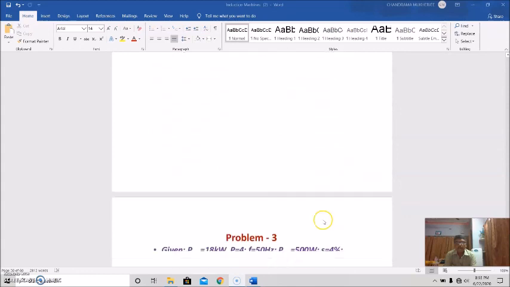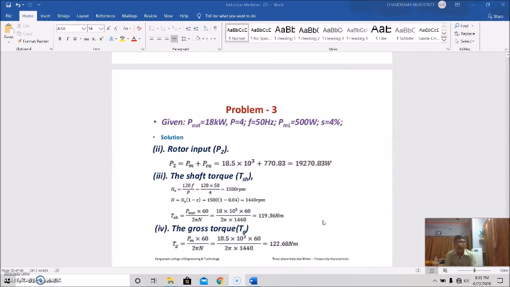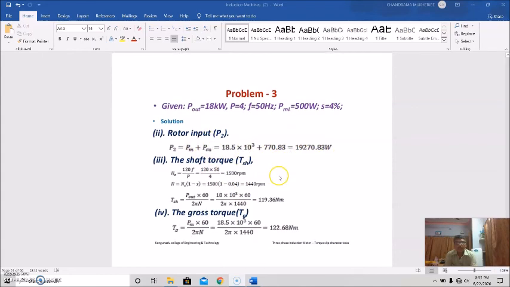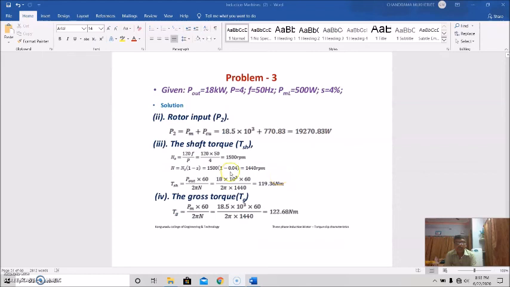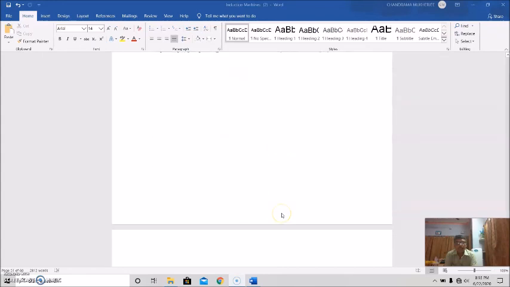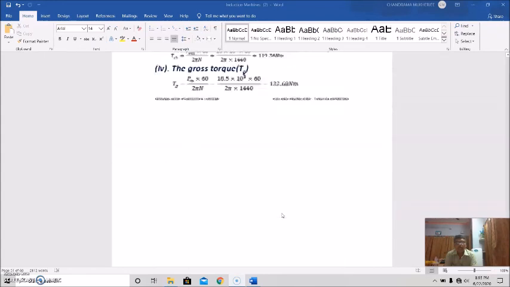Now, rotor input equals mechanical power developed plus rotor copper loss. Just add up these two. For the shaft torque, Ns equals 120 F by P, which you know from this, and shaft torque is P output into 60 by 2 pi N. And gross torque is PM into 60 by 2 pi N, also like this.